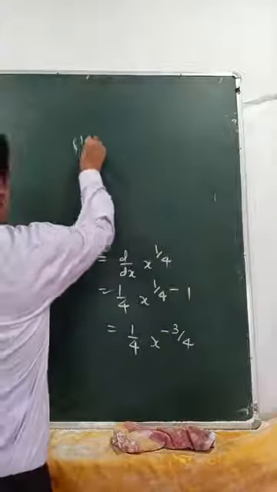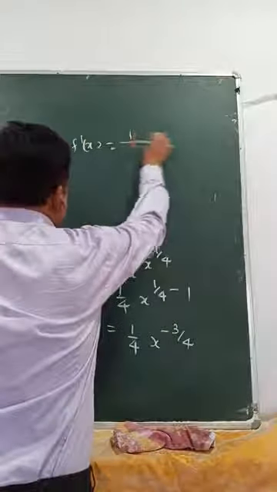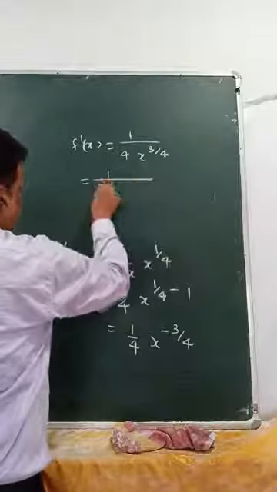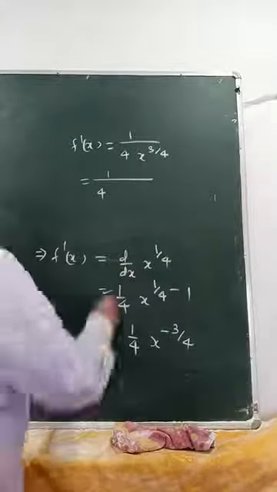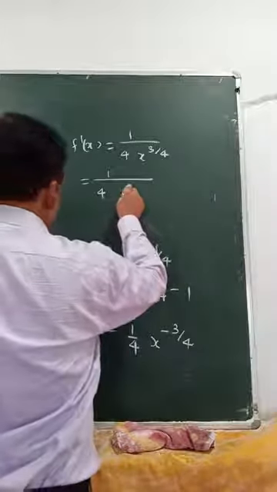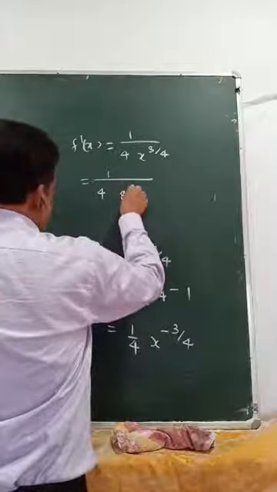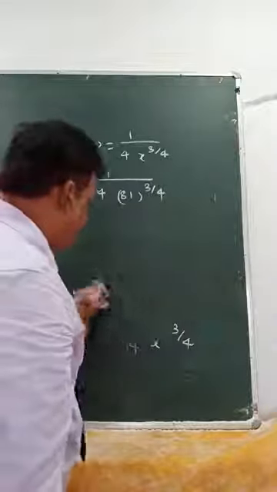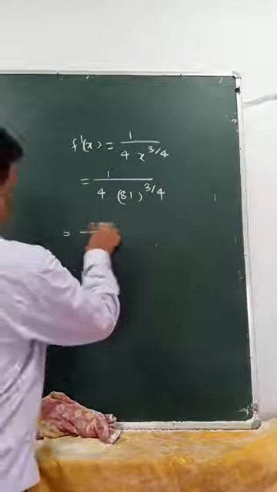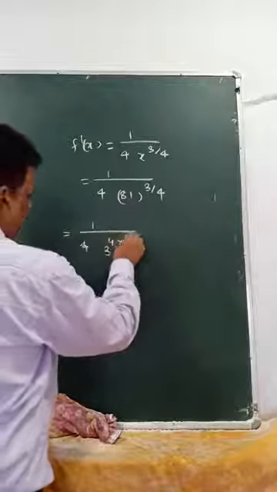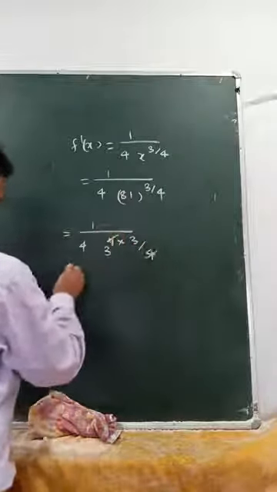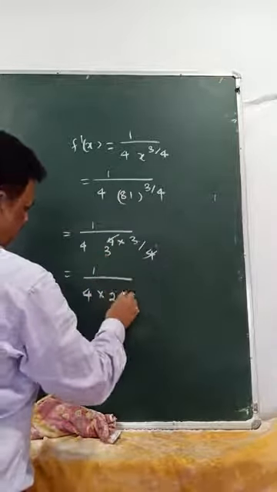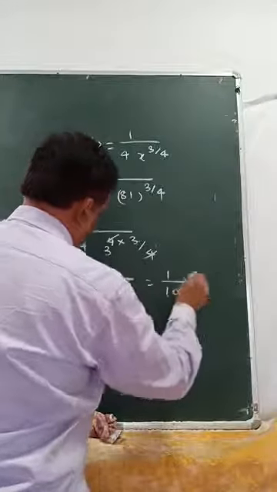Then that gives you f dash x equals 1 by 4 x to the power 3 by 4. What is x for us? X is 81 to the power 3 upon 4. Okay. Then you get 1 by 4, 3 to the power 4 into 3 by 4. 1 by 4, 3 to the power 3 is 27. 1 by 108.